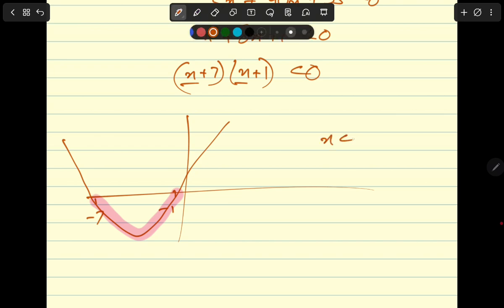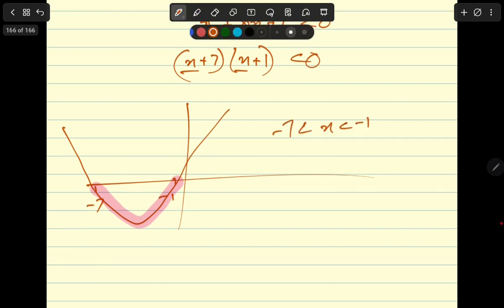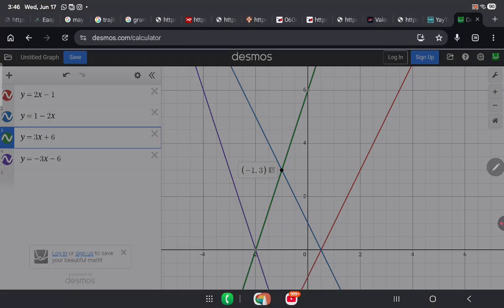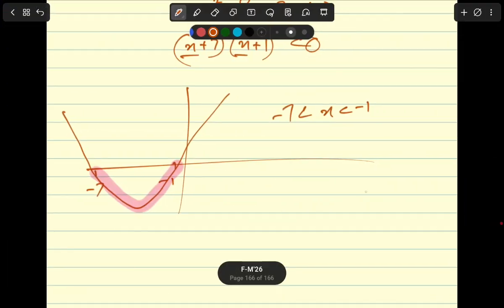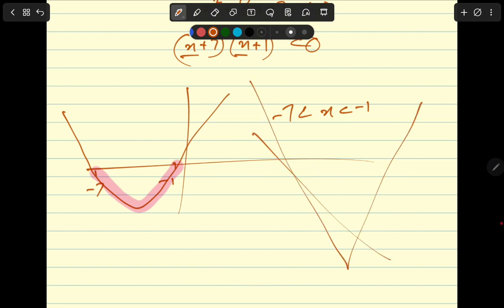So x is going to be between -7 and -1, which we exactly saw in our Desmos as well. We saw that the line that was above started at x equals -7, and this was x equals -1.